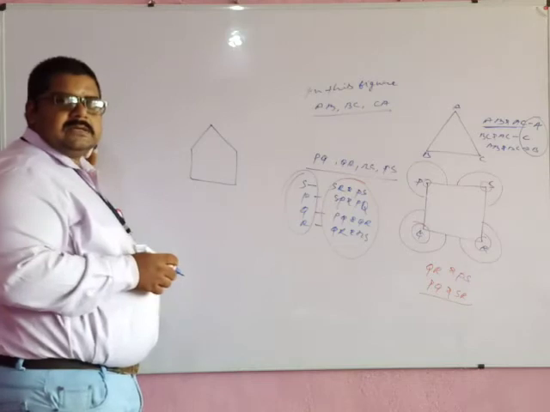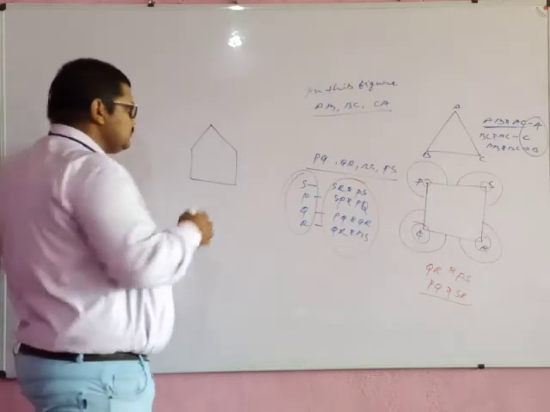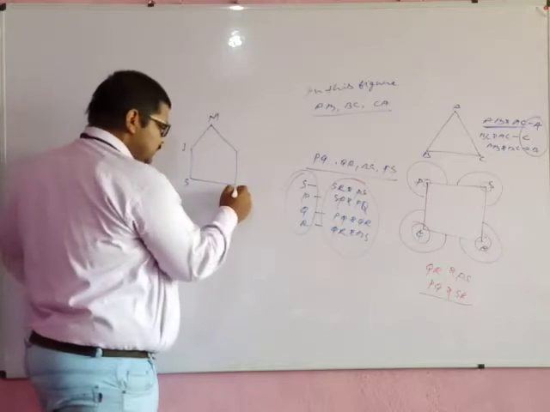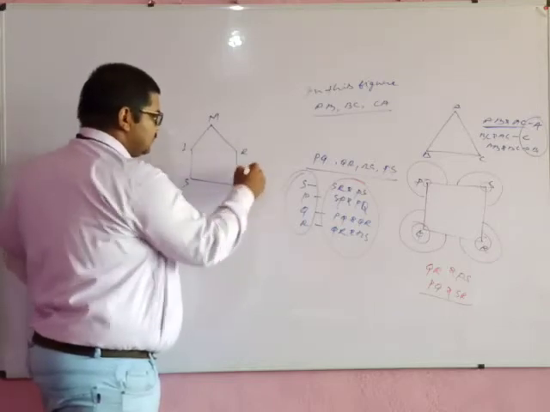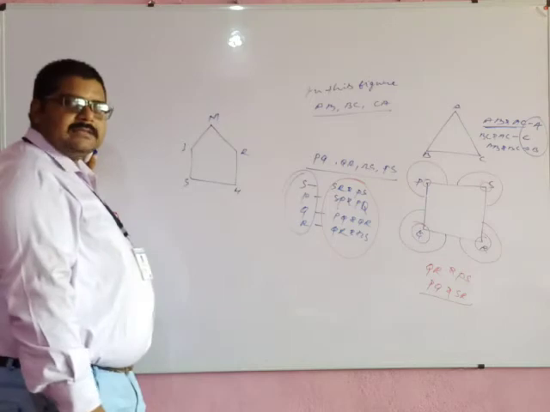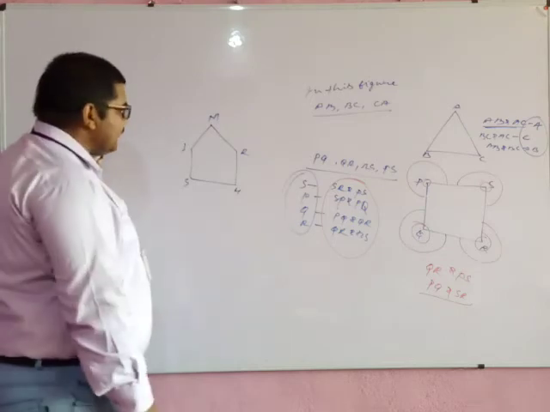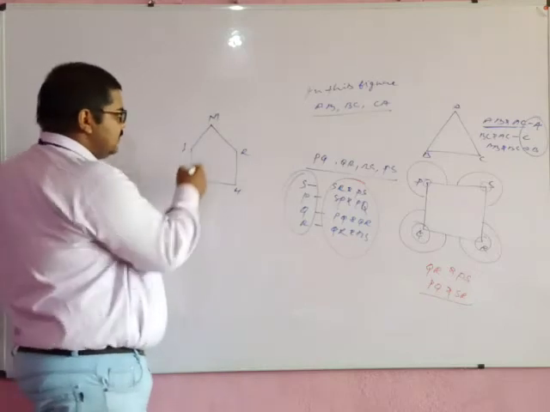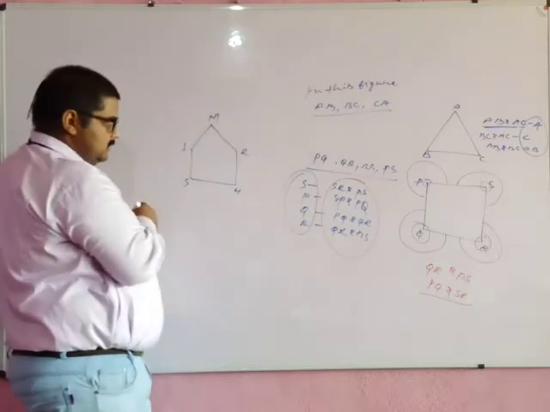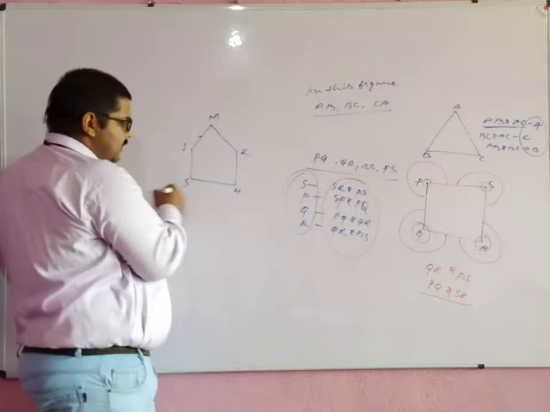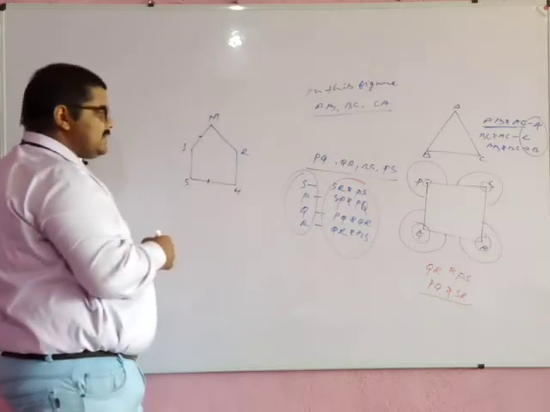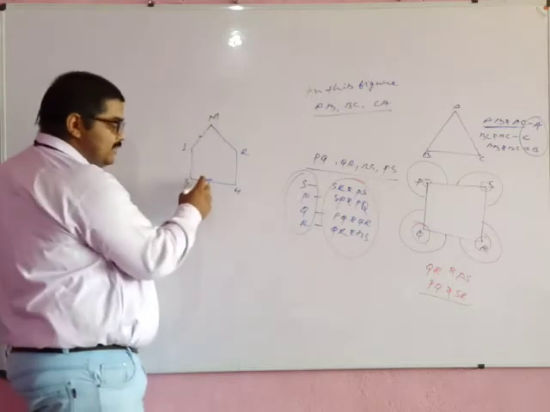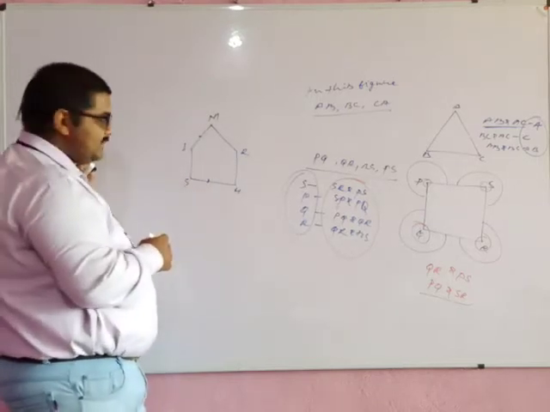Now you can see the figure MISH, and here the non-adjacent sides are these. This side and these sides are known as non-adjacent sides because these two sides do not have a common point.